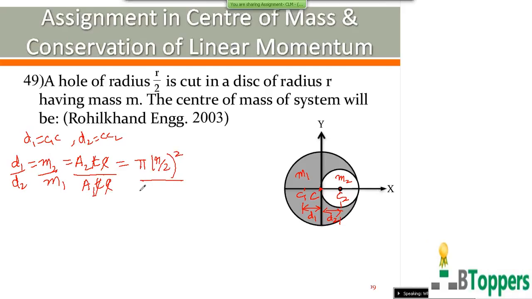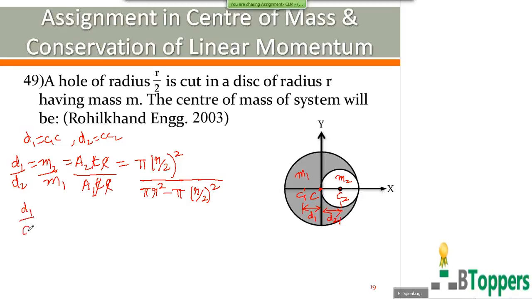The area of the remaining plate is equal to the original area of the circular disc before the hole is made, minus the area of the small circular piece which is removed from one edge. So this has to be simplified by yourself.